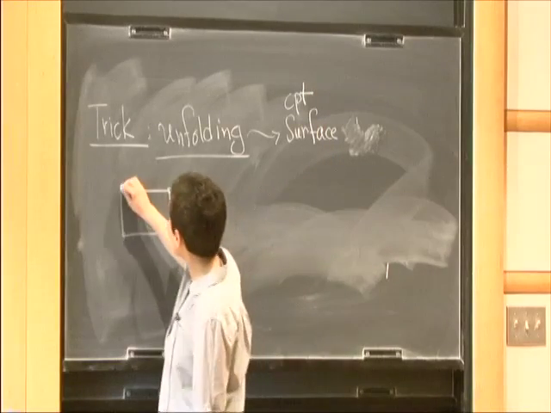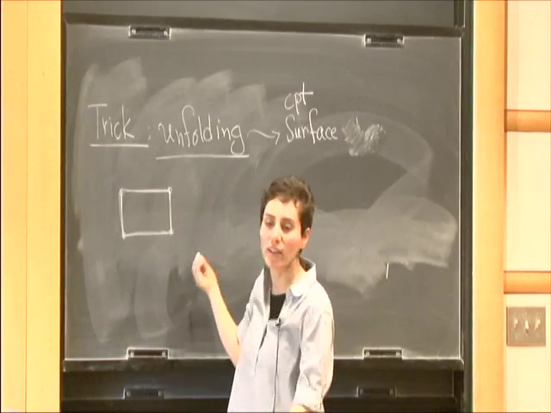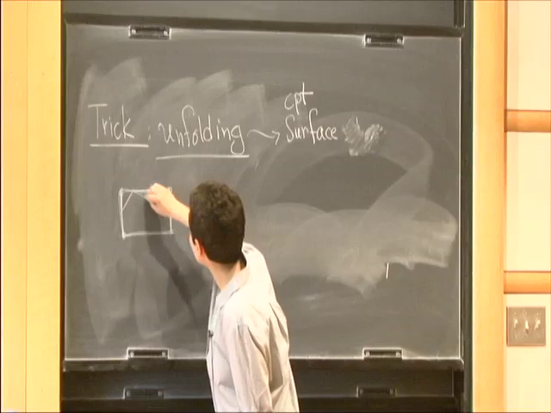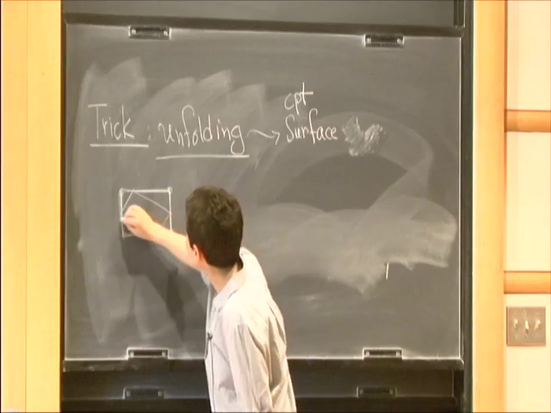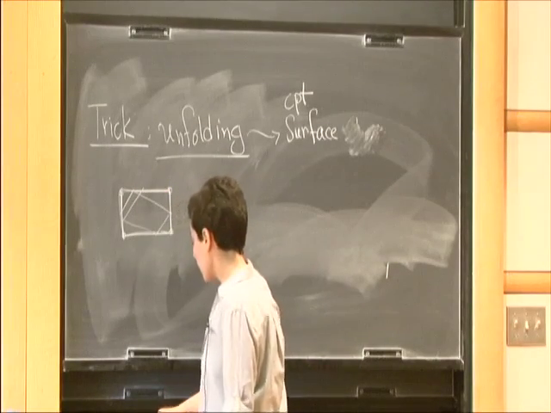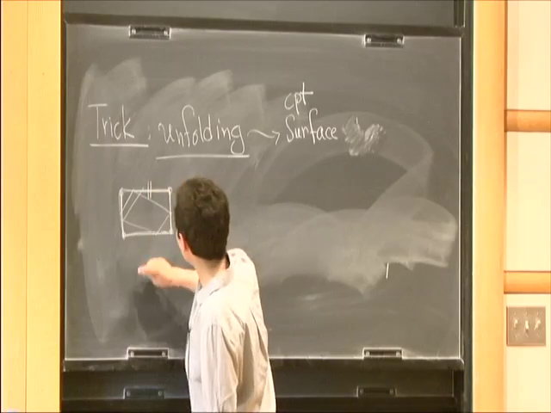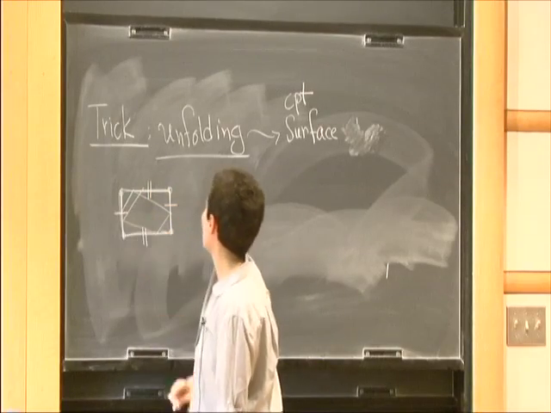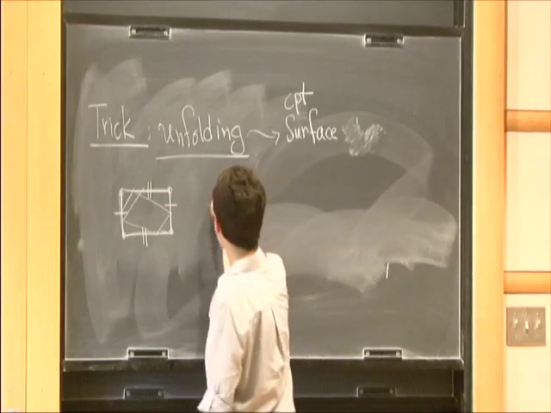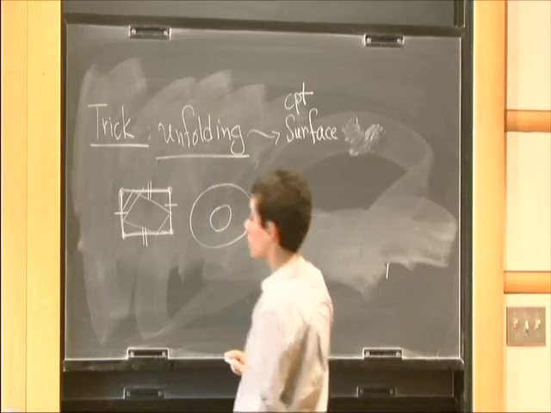If you play in a square, instead of playing the billiard, you can glue the parallel edges and get a flat torus.